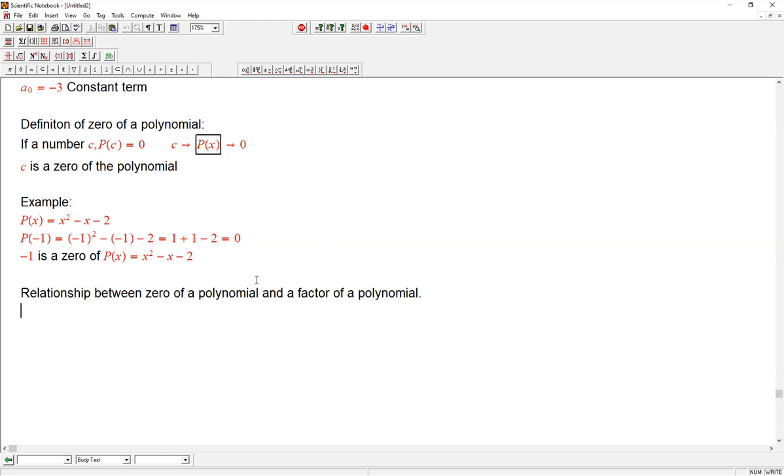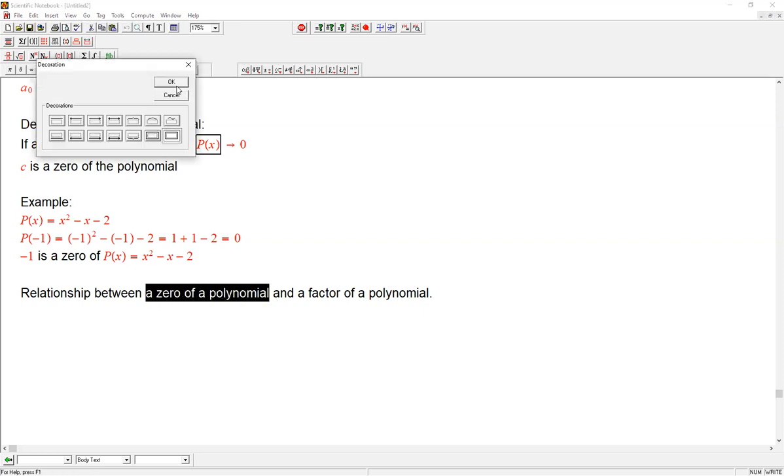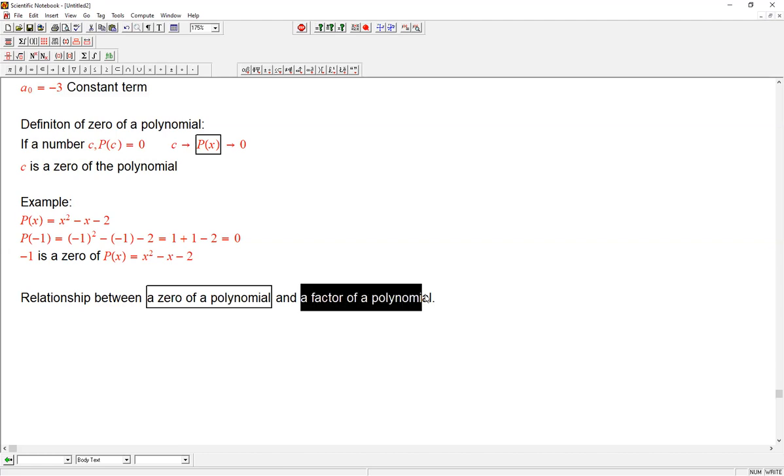In algebra, we spend a lot of time factoring polynomials, all kinds of polynomials. I'm sure you have experience doing that. What's the relationship between a zero of a polynomial and a factor of a polynomial?